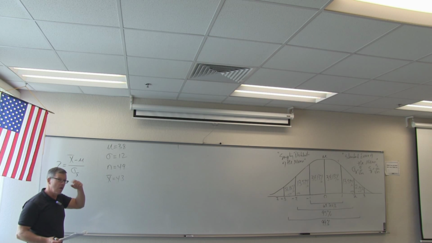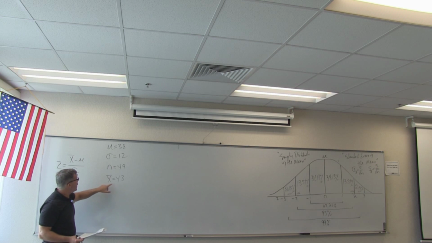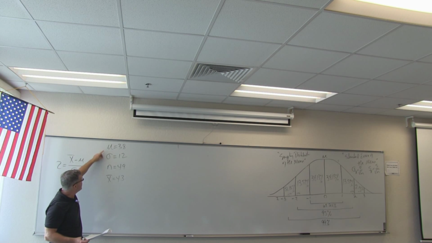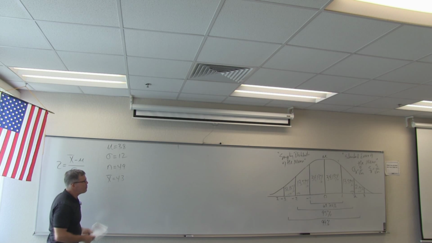Again, I don't know. What I can observe at this point is we have about a 5-point difference between mu and x bar. But what we really want to know is, where does this x bar fall on the sampling distribution? If it falls out in one of the tails, it's going to correspond to a z that's larger than one of our critical values in most cases.